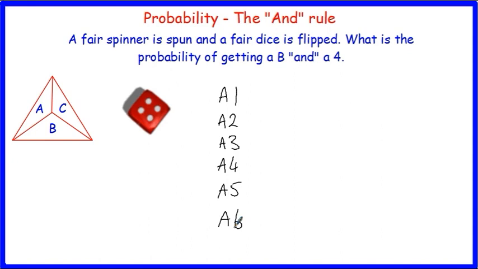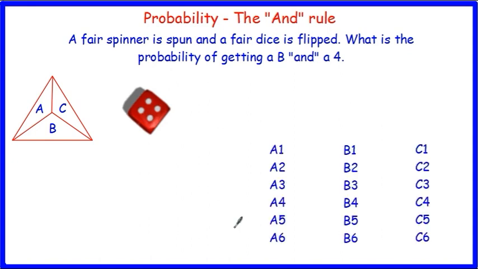And if I was to continue that, these are all my options. So what is the probability of getting a B and a 4? Well, that is just there. So it is 1 over 18.